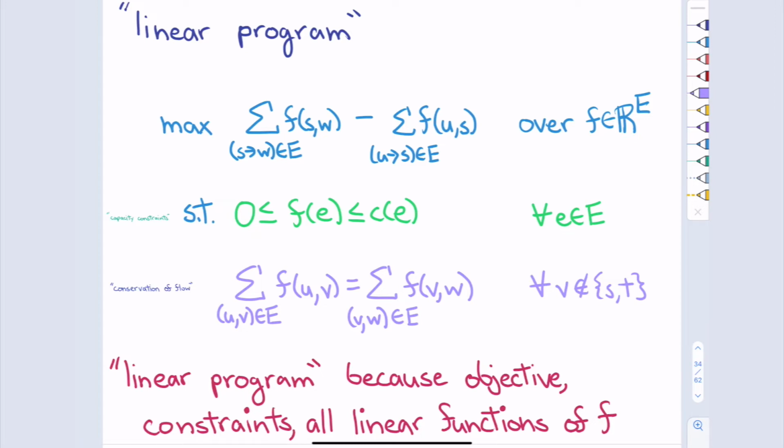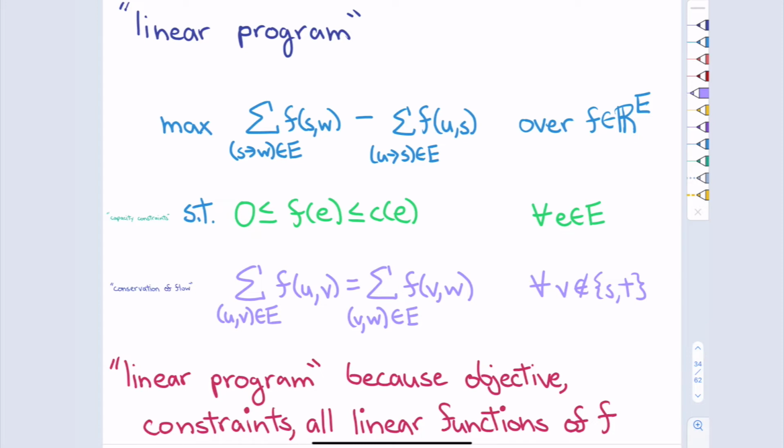What's interesting about the max flow problem is that although there's a very natural interpretation in the graph, at some level it's just a totally mathematical problem, where I'm just trying to choose a vector. That vector is keeping track of how much flow I'm running on each edge. And all the constraints of my system are easy to express mathematically.